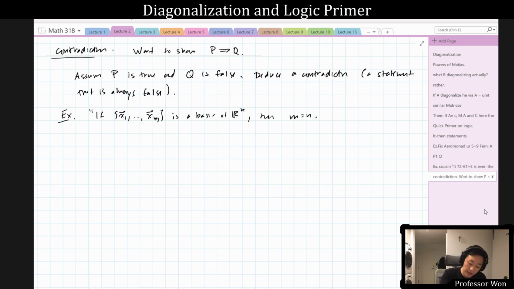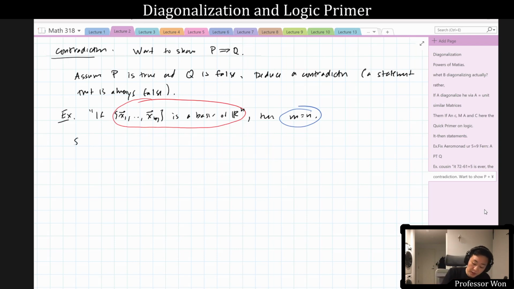Here the statement P is that this is a basis of Rn, and the statement Q is m equals n. One way to show this is to suppose that P is true and Q is false, and come up with some contradiction, and that would show that the statement holds.